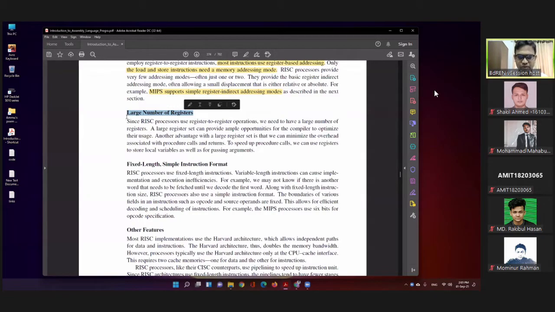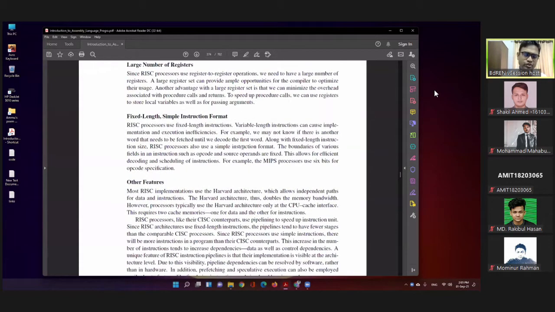Fine. The fifth one, we already know, is the size of the instruction. I hope you remember when we discussed the difference between CISC and RISC processors, right? In the CISC processor, whenever you convert your instructions into machine language, the size or length is different for different instructions.